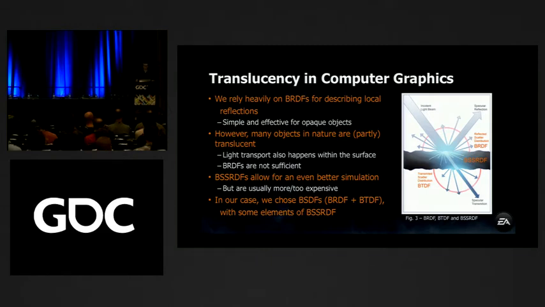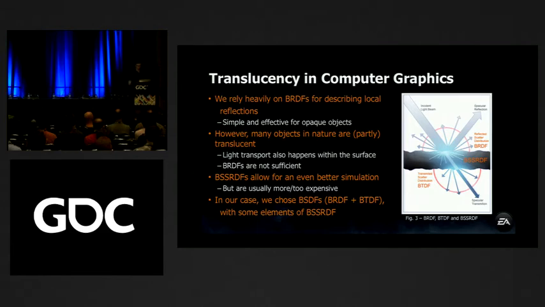For example, the interaction of light and matter, we often reduce to BRDFs. BRDFs are really good for representing the reflection at the surface of opaque objects, but this is not sufficient for modeling and representing light transport happening inside objects.